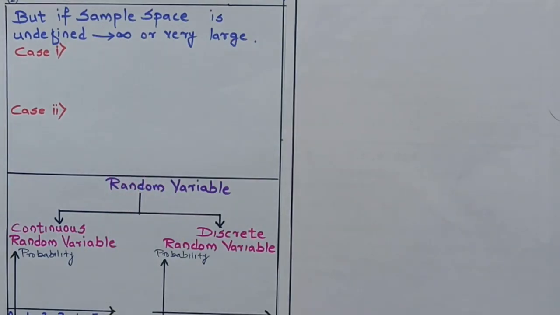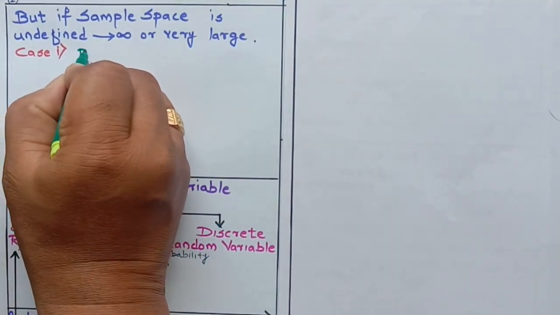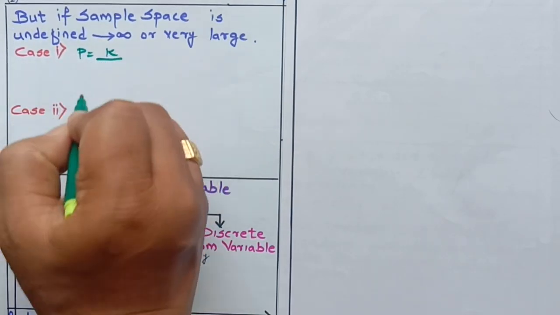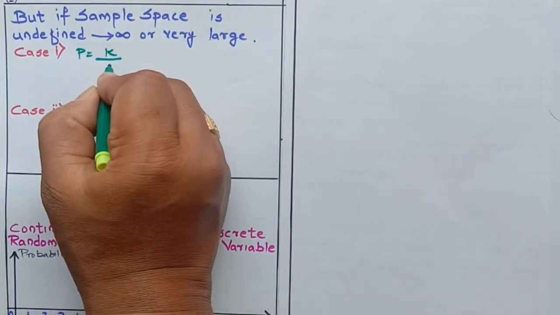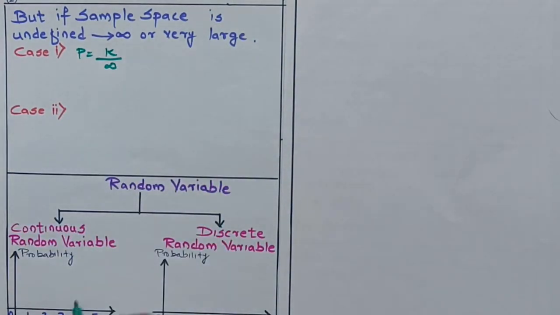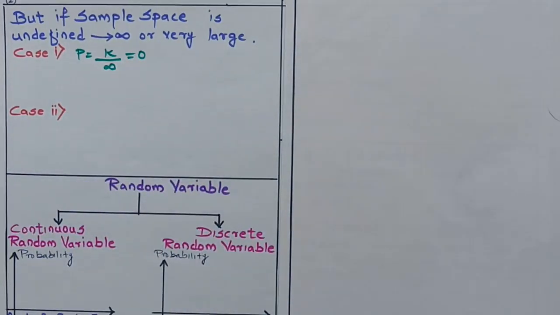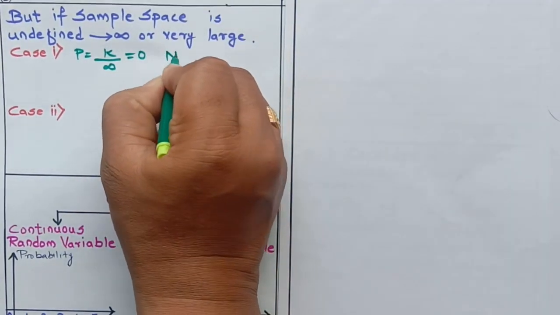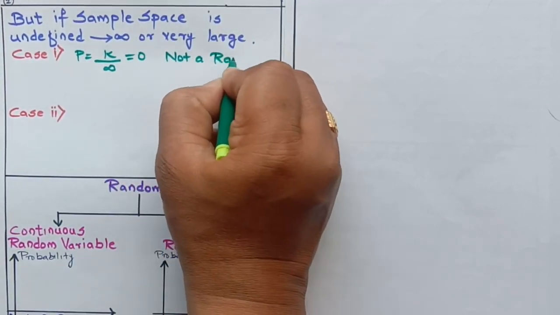The first case could be that probability is equal to k upon sample space. We have considered the sample space here to be infinity. So anything upon infinity is 0. Since the probability is coming 0, it is not a random variable.